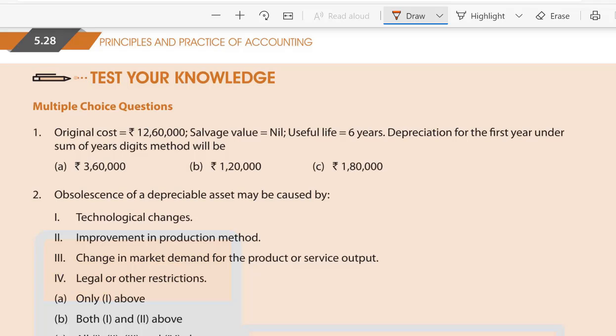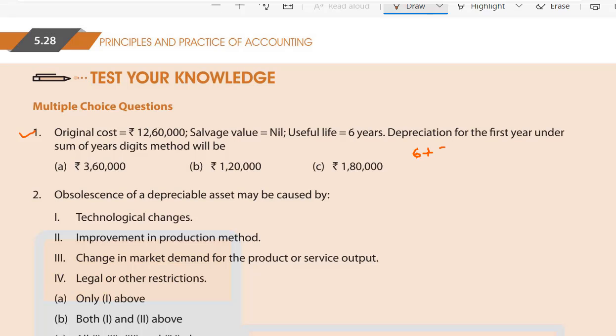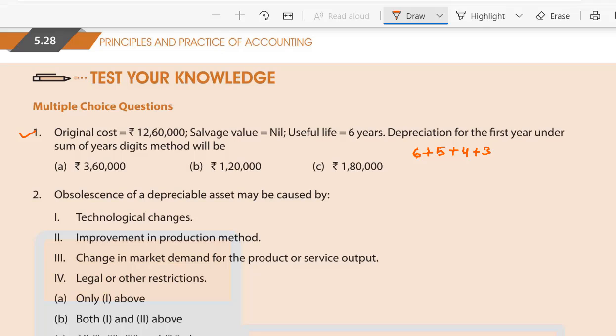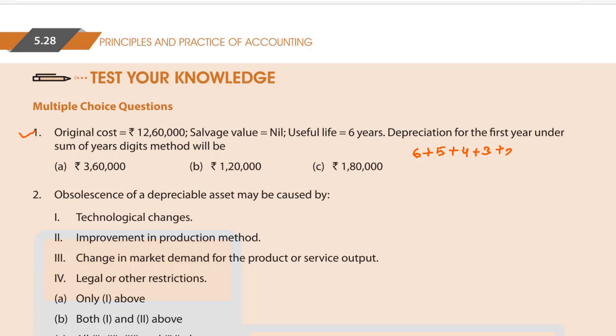Question number 1. Original cost is 12,60,000. Salvage value is nil. Useful life is 6 years. Depreciation for the first year under sum of digits method will be what? 6 plus 5 plus 4 plus 3 plus 2 plus 1 equals 21.